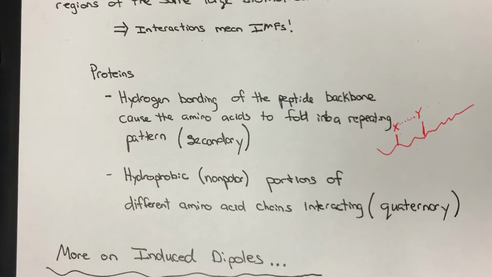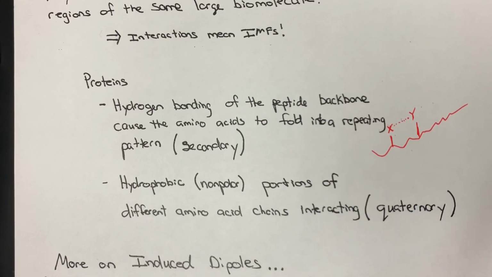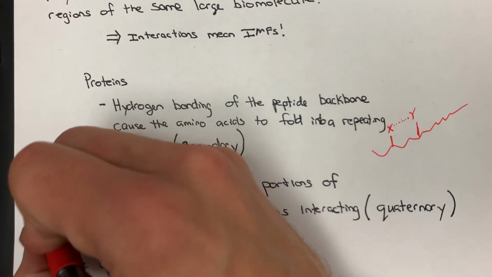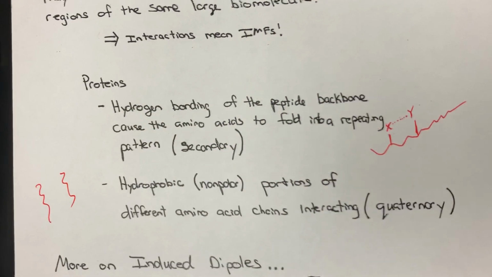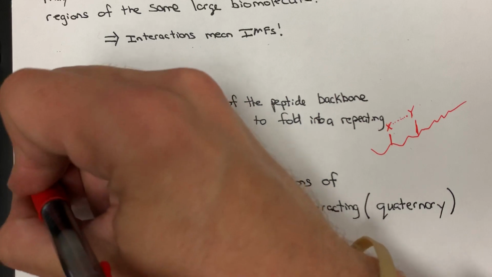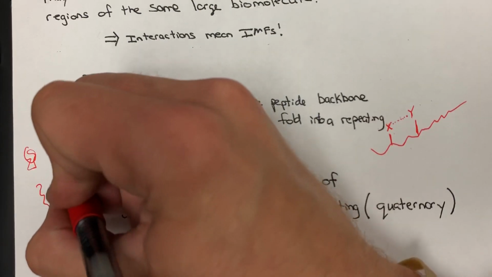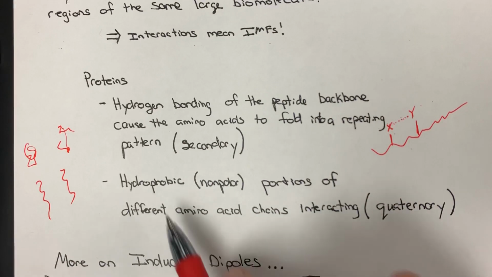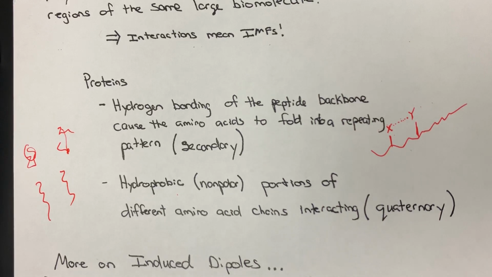That being said, when it comes to, say, the quaternary structure of a protein, if we already have these existing polypeptide chains, and maybe this one is already folded in some way, and this one is already folded in some other way, it could be that we have these hydrophobic regions, right? These areas where all the side chains are nonpolar.